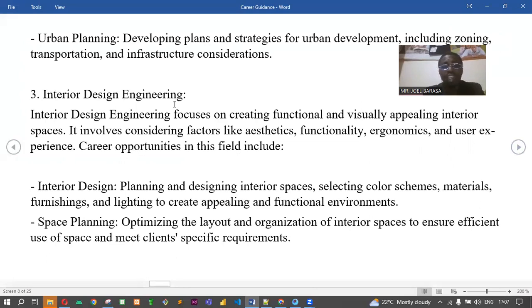Interior design engineers. All these guys are under construction. You remember, this is building and construction, so all these are sub-fields inside that. Interior design focuses on creating functional and visually appealing interior spaces. It deals with planning and designing interior spaces, selecting color schemes, materials, furnishings, and lighting to create an appealing and functional environment within your house.